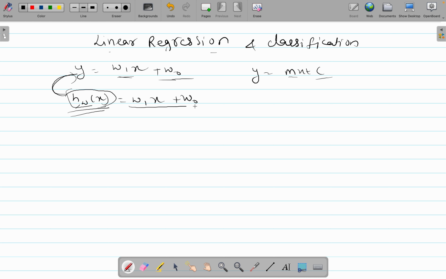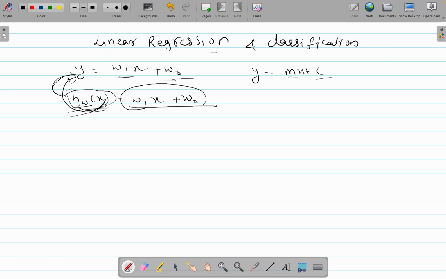We are using this formula to get the output y from the hypothesis on x. Getting my point? If not, you can comment and I'll make it easier to understand.